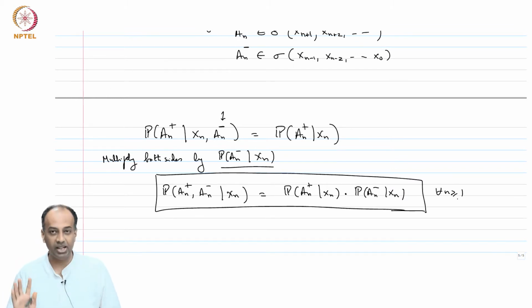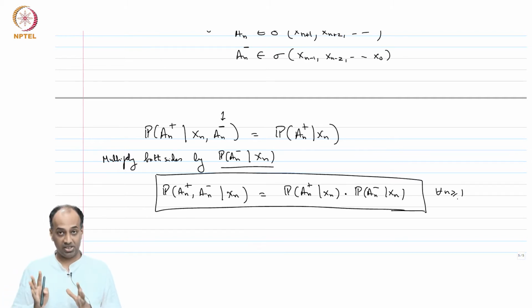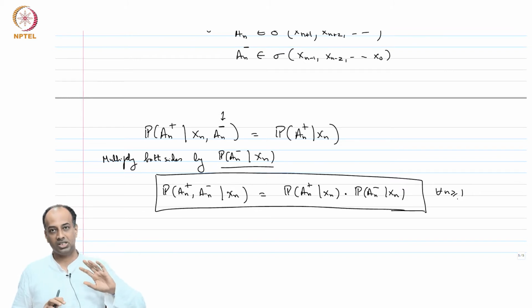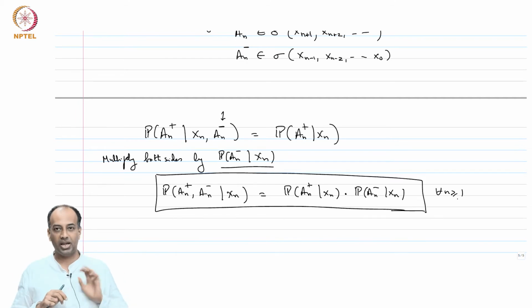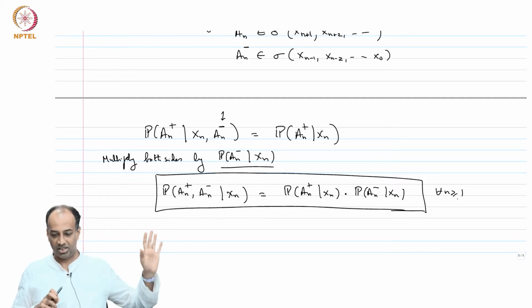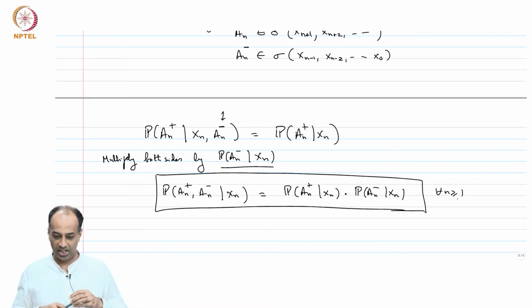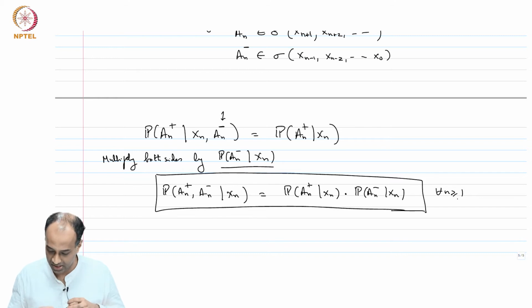So X_n is your present state; let us say it is in some state i, it does not matter which. A_n^+ is things in the future, and A_n^- is things in the past. A_n^+ can be any event measurable under sigma of X_{n+1}, X_{n+2}, etc., and A_n^- is similarly measurable under random variables from the past.